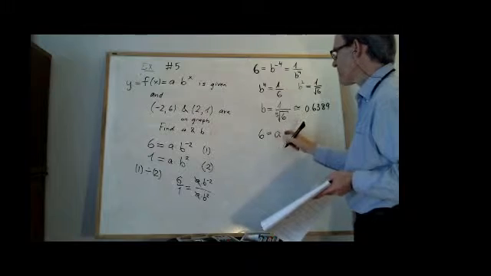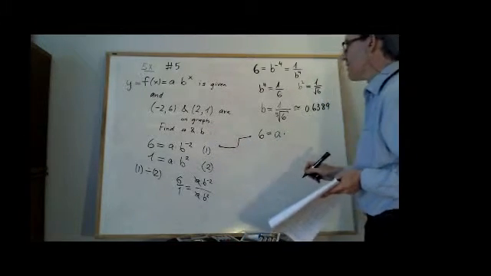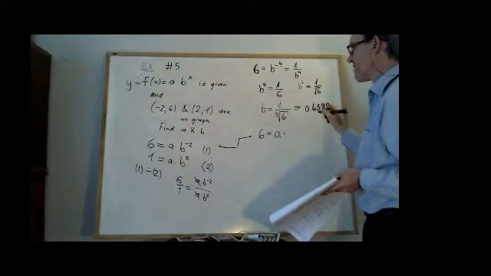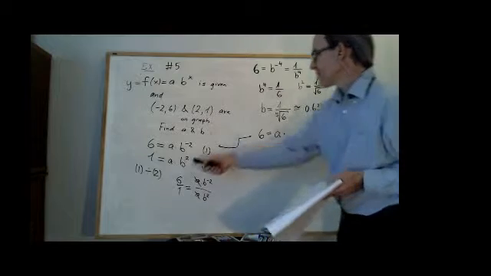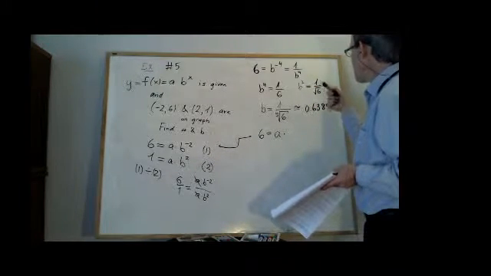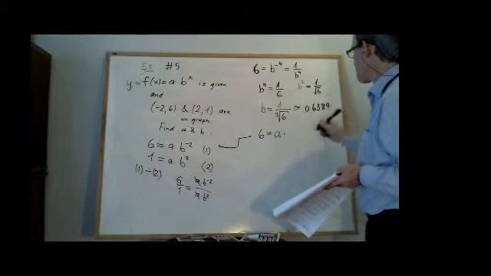If I solve the first equation for a by plugging in b, well, either one should give you the same answer. b to the minus 2 is 1 over that, which is root 6.